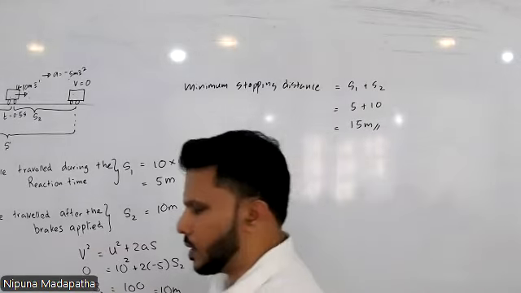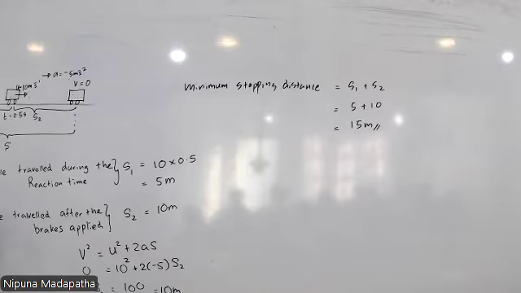Right. So the second part is, what is the distance the vehicle could travel before stopping if its speed was 20? And now the only change is speed now is 20, right?